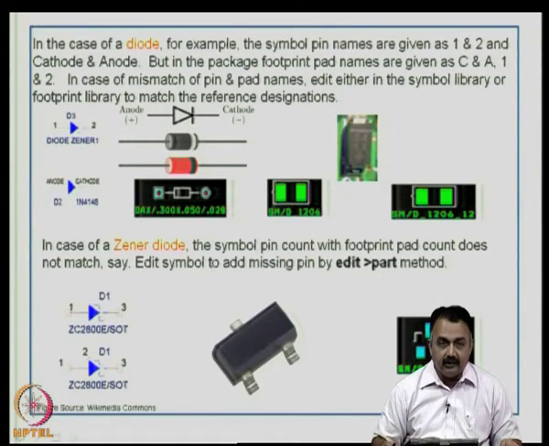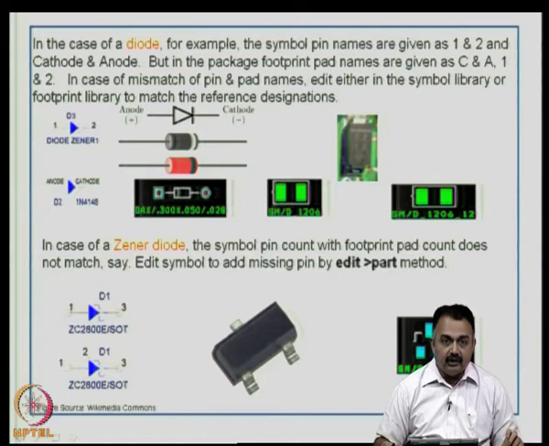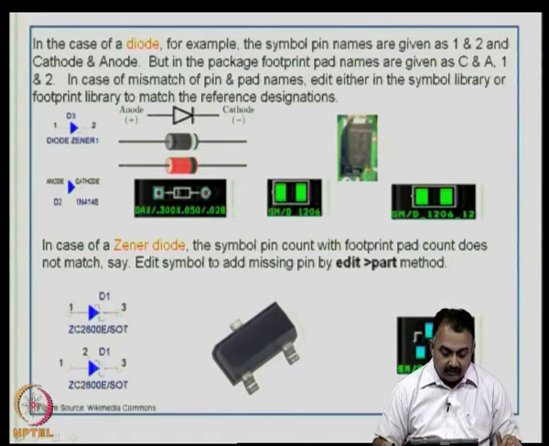In the case of a diode, for example, the symbol pin names are given as 1 and 2 and cathode and anode, but in the package footprint pad names are given as C and A, 1 and 2. So, you must be able to look at these kind of numbering naming systems.